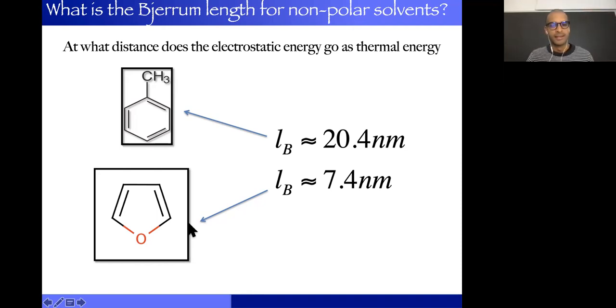We then looked at something known as the Bjerrum length, the length scale within a continuum classical dielectric picture where electrostatic energy gets much larger than thermal energy.